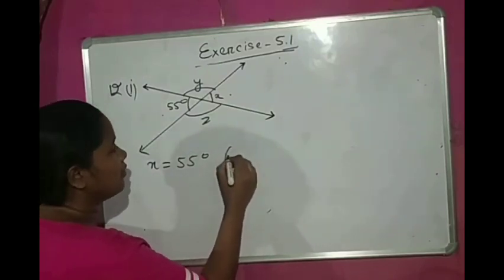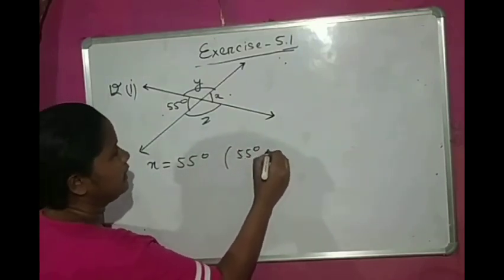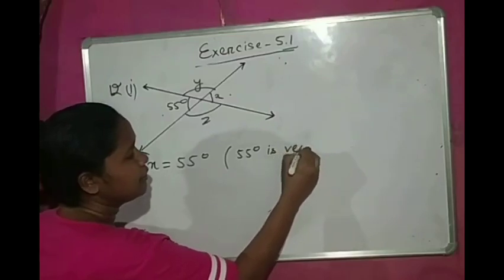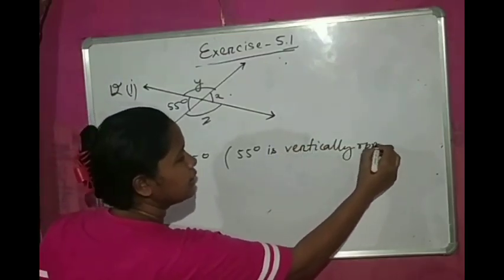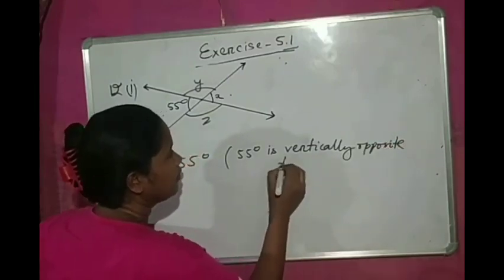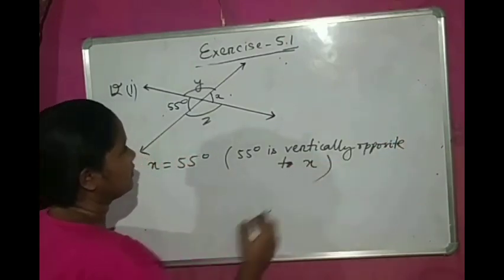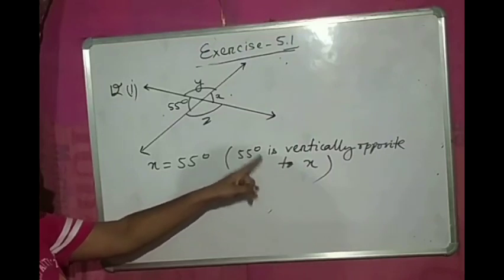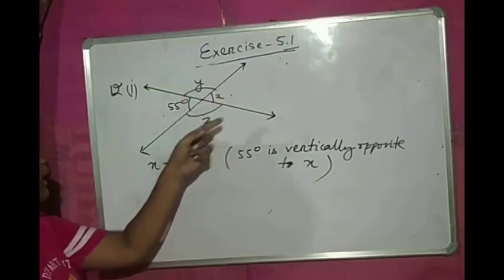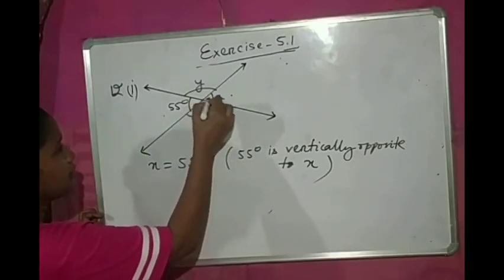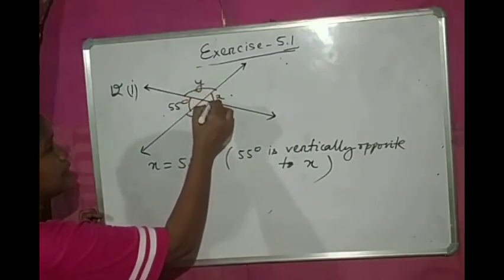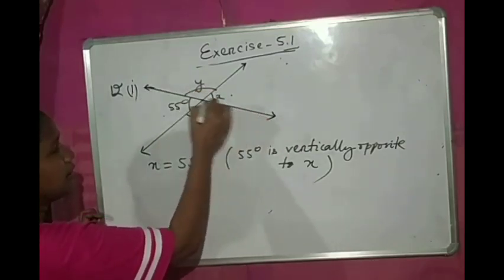Because 55 degrees is vertically opposite to x, meaning 55 and x are vertically opposite angles. That's why x equals 55. Next we'll go to y, because this is on the straight line.